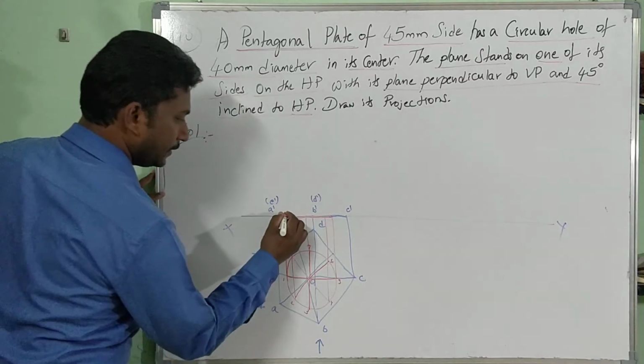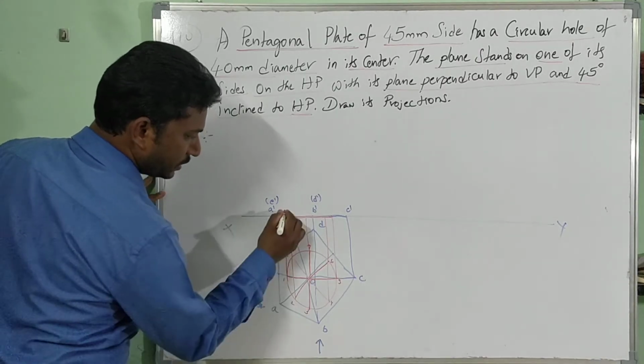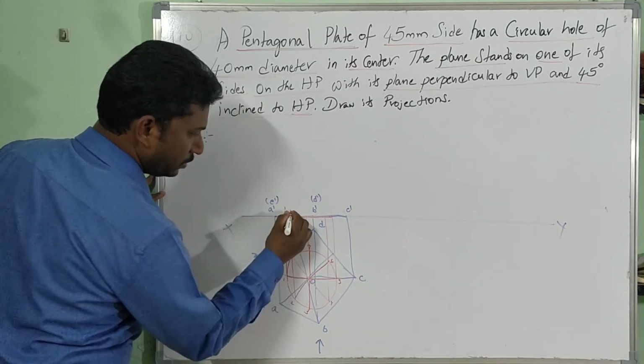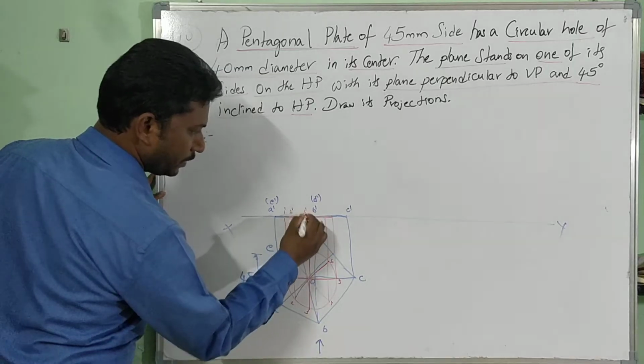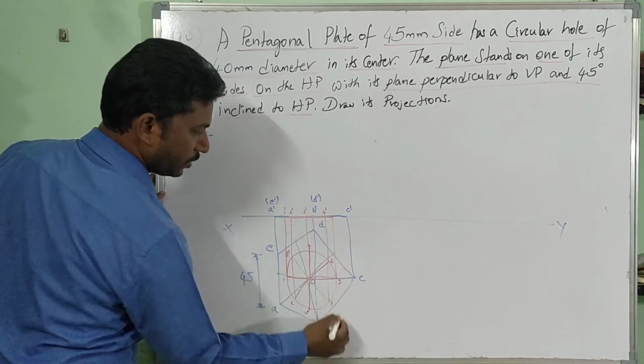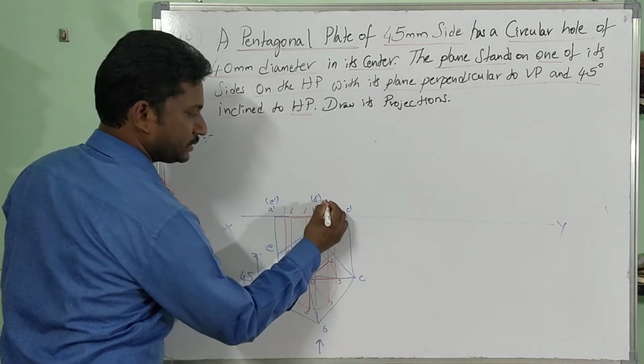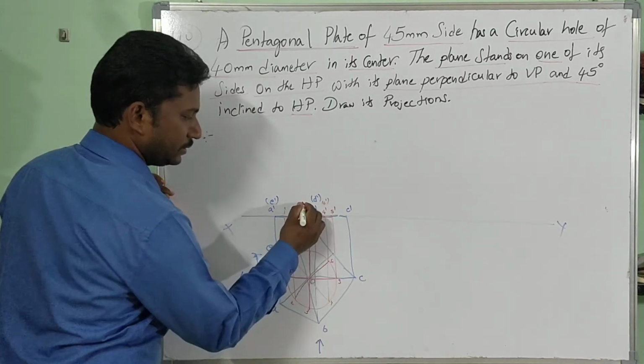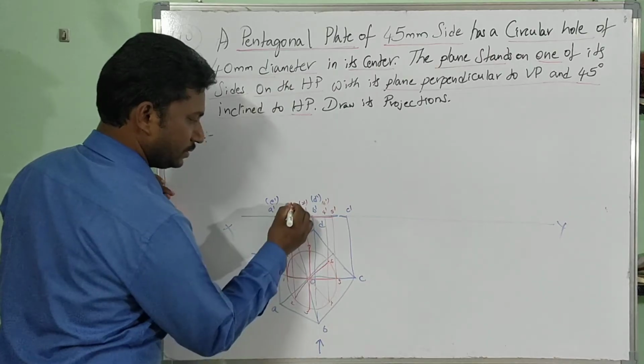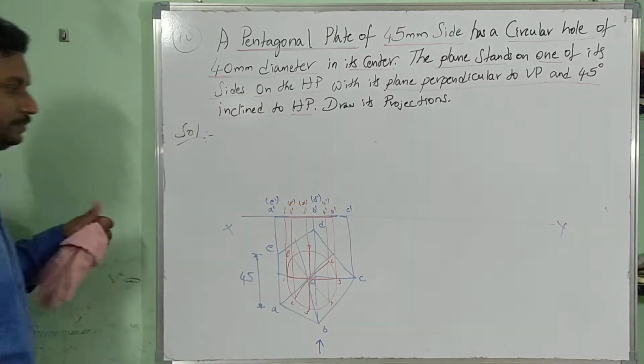Points: from here when you are looking, you can see only 1 dash, 2 dash, 3 dash, 4 dash, 5 dash clearly visible. Backside there is 6 dash, 7 dash, 8 dash.